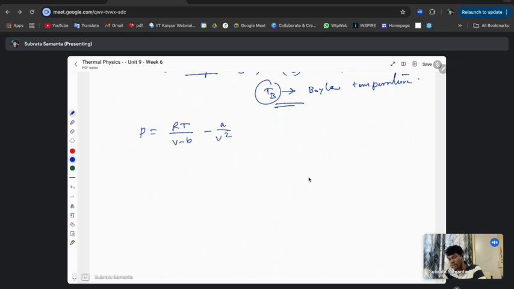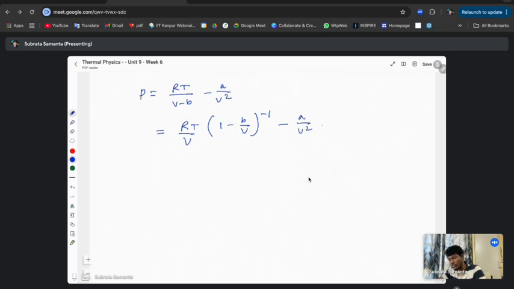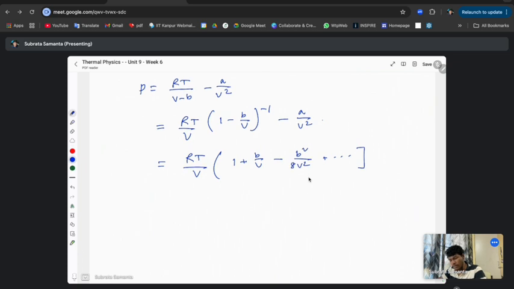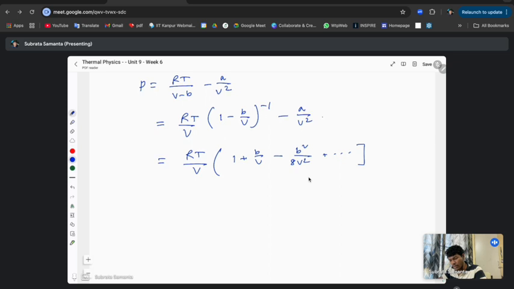So for 1 mole van der Waals gas, we can write RT over V times 1 minus B over V inverse, minus A over V square. So this is basically RT over V times 1 plus B over V plus B square over V square plus dot dot dot, minus A over V square.